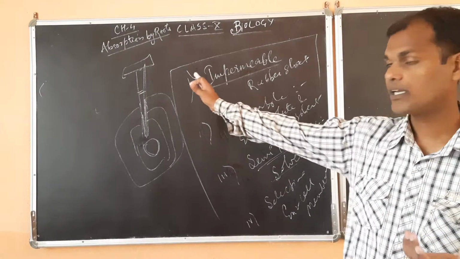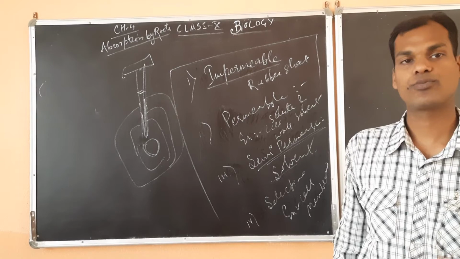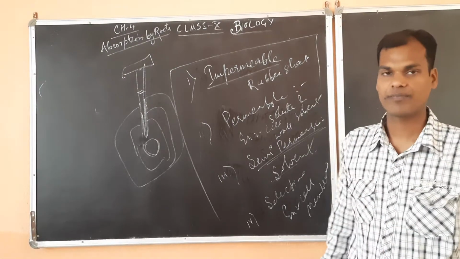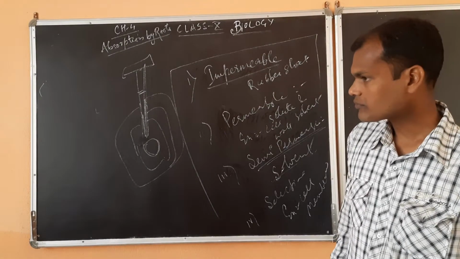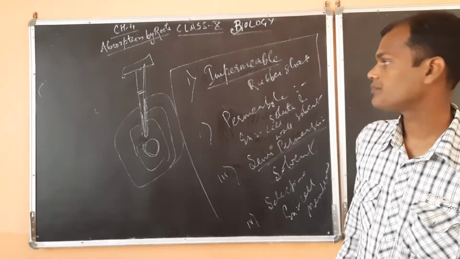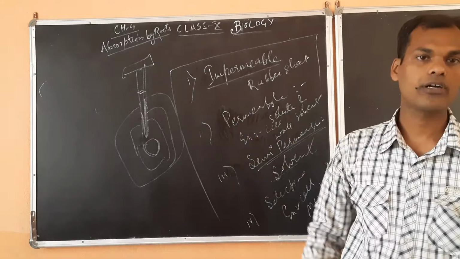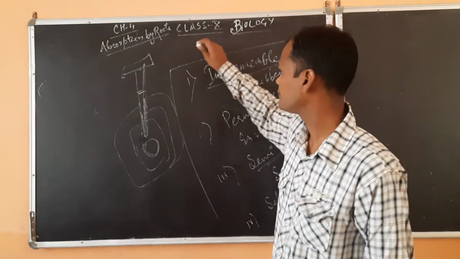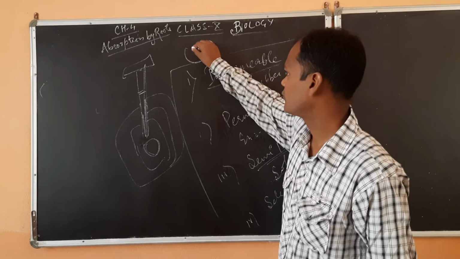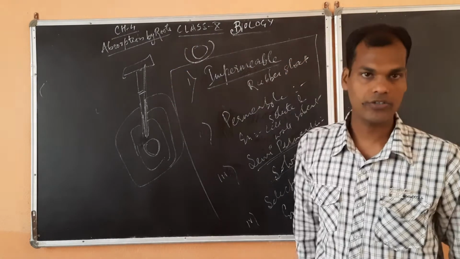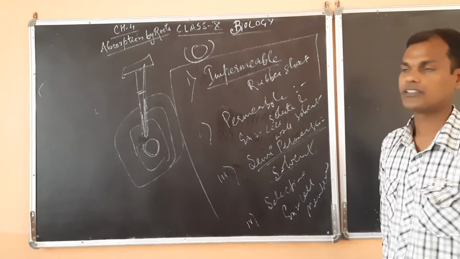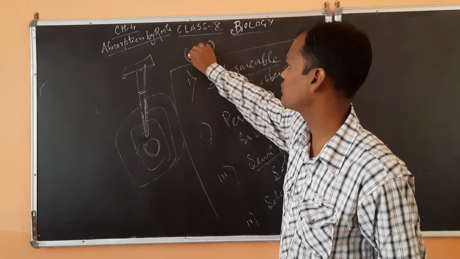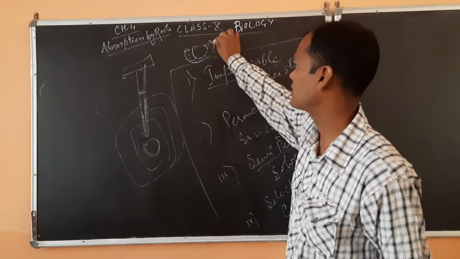Another one you have to study is endosmosis and exosmosis. Endosmosis means it will absorb water, exosmosis means it will release water. For endosmosis, you will see the potato cup experiment. You take a potato cup and fill it with sugar solution. After some time you will see the water level rises up.